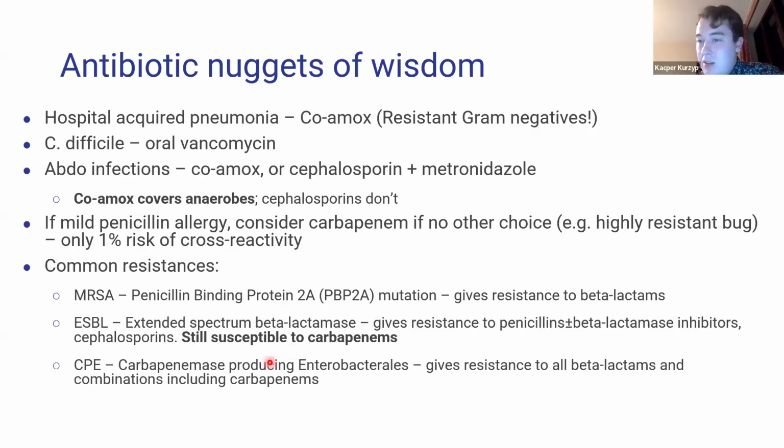However, these things are still not able to cut the carbapenems, which is why CPE are scary, which is the carbapenemase producing Enterobacterales. And as the name suggests, carbapenemases cut everything. They cut penicillins, they cut cephalosporins, they cut carbapenems as well. Therefore, it means that you need to think about something else. And there is not much anything else that has as nice a side effect profile as those antibiotics.